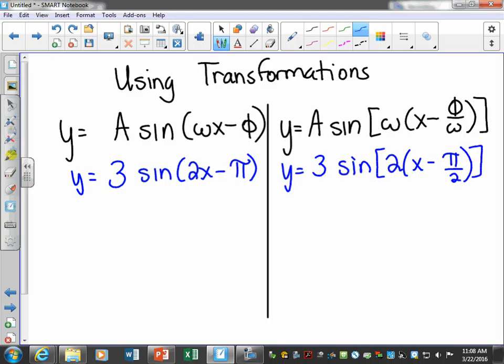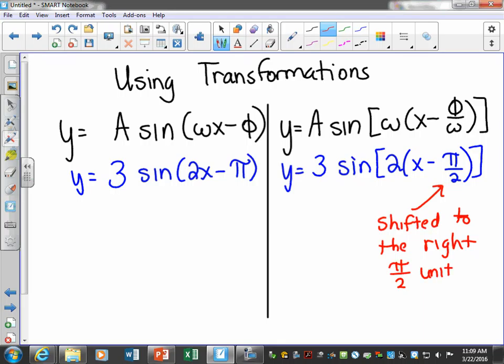Good. Okay, now what that allows us to do is separate things so that we can see we have an amplitude here, and if you remember transformations back from college algebra, what you have in this parenthesis right here is going to tell you it's shifted to the right pi halves units.